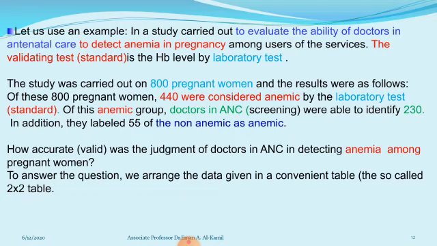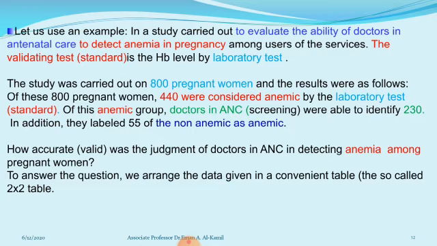Out of the 800 pregnant women, 440 were considered anemic by the laboratory test, according to the standard. Of this anemic group of 440, the doctor in the antenatal care, the screening test, was able to identify 230 as anemic.